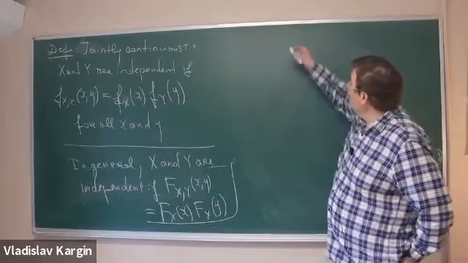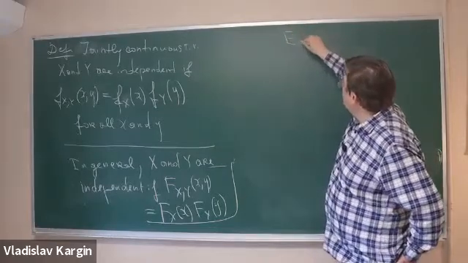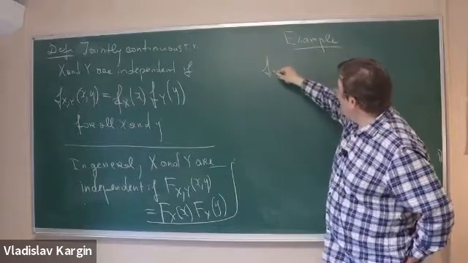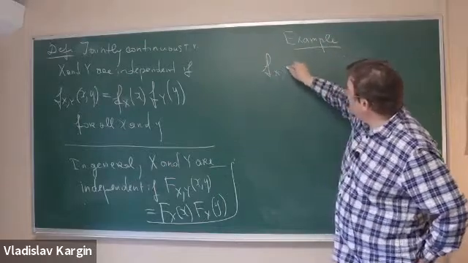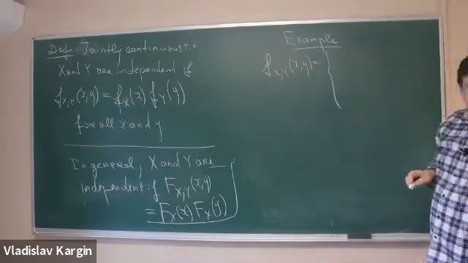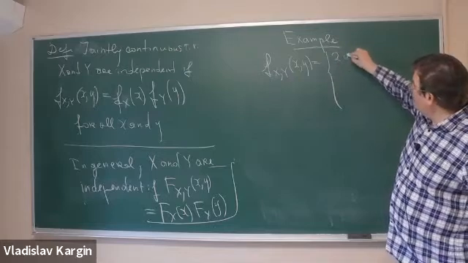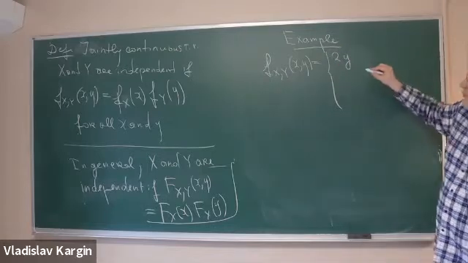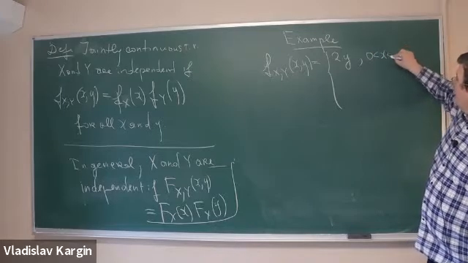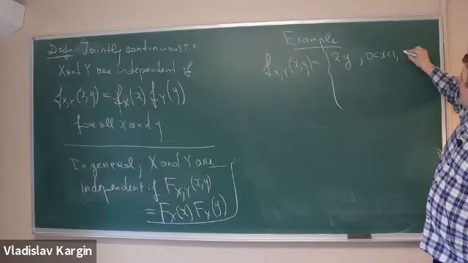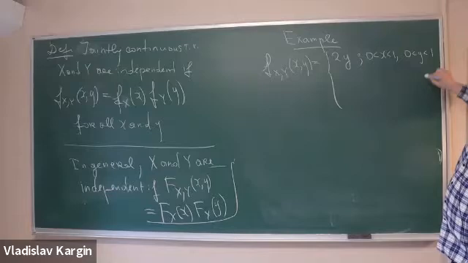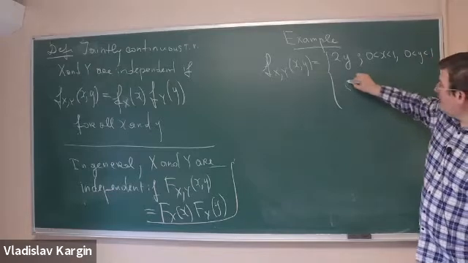So one example: we write that f of x, y, the density, is equal to, let us change our usual example slightly, 2y, here with 0 smaller than x smaller than 1, and 0 smaller than y smaller than 1, and 0 otherwise.